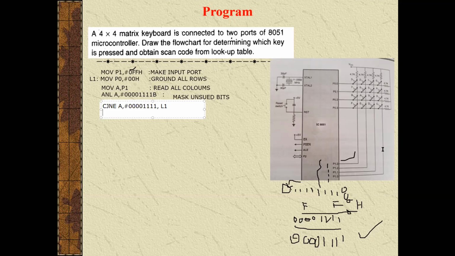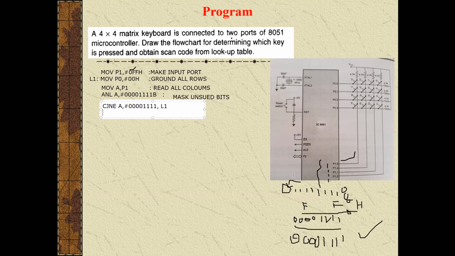So before giving any code to our microcontroller, we have to check after connection that all the keys are in the open state. For making the open state, all the ports should be high and all the rows should be low here.